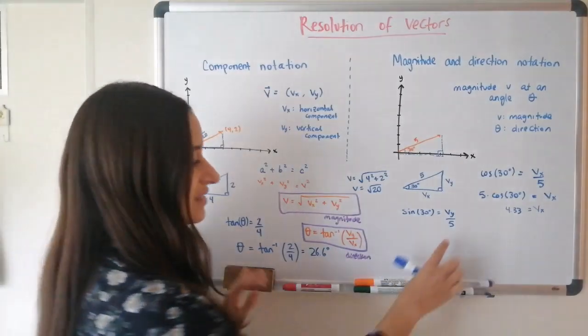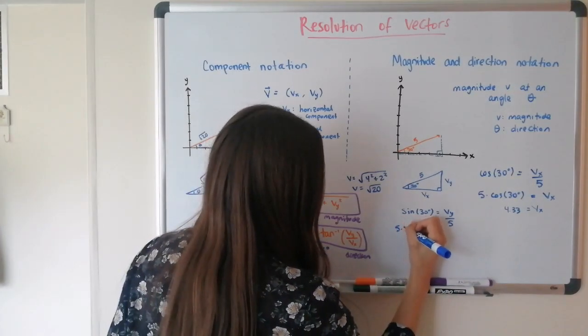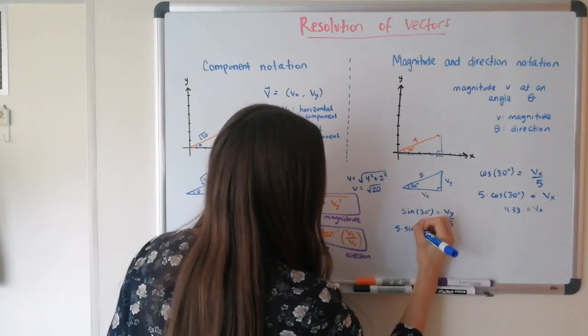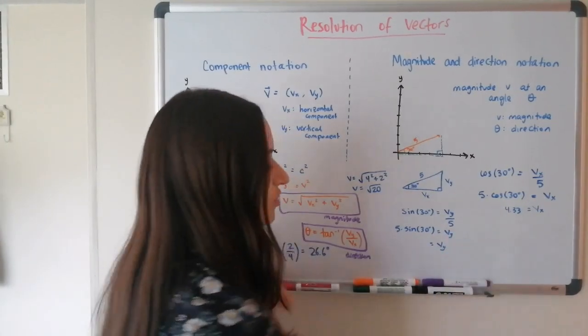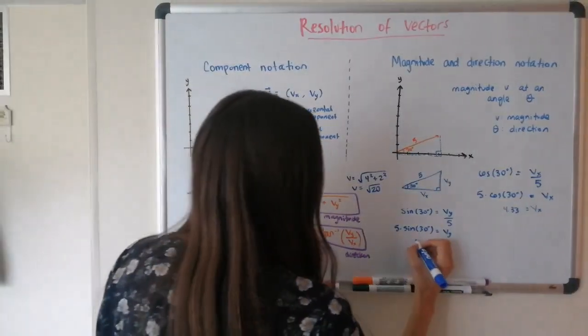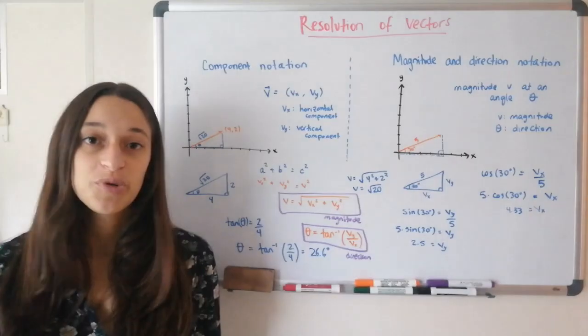So sine of 30 degrees is equal to the opposite, which in this case is Vy, over our hypotenuse, which is 5. Again, to solve for Vy, we pass the 5 to multiply, and get that Vy is 5 times sine of 30 degrees. That is also a number that in the calculator will give us 2.5. So we found that Vy was 2.5.